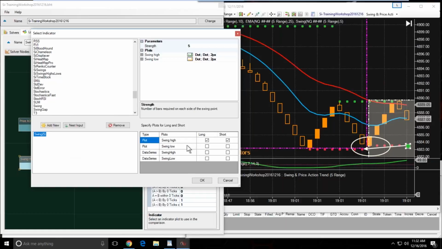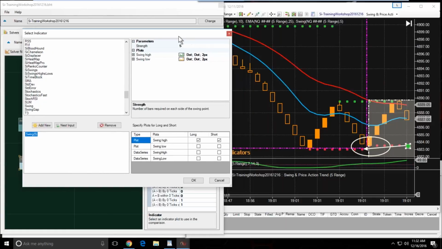And let's see. So we need to decide. When the swing indicator, when the swing low steps up, do we want to generate a long signal, or do we want to generate a short signal? So I'm going to generate a long signal when the swing low steps up. And if the swing high steps down, I'll generate a short signal.